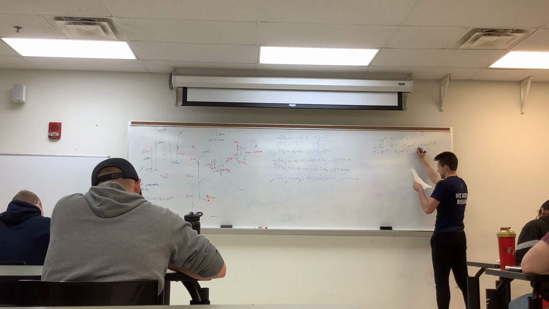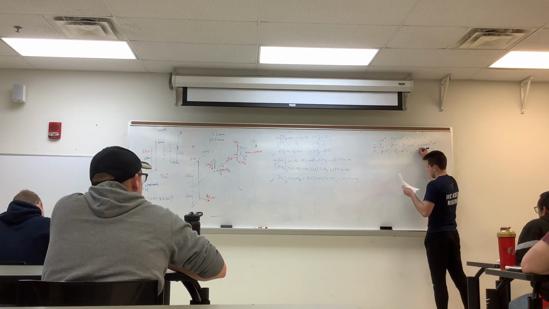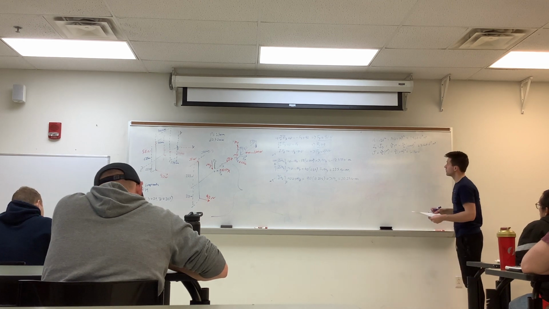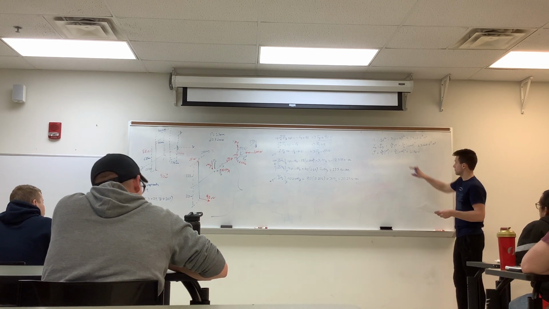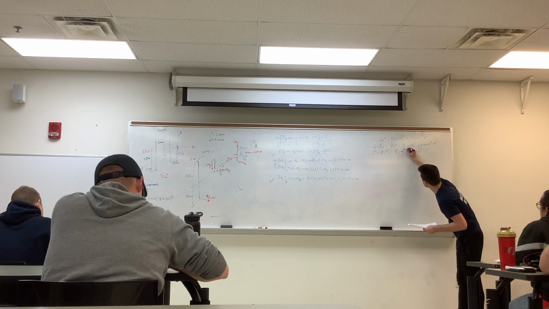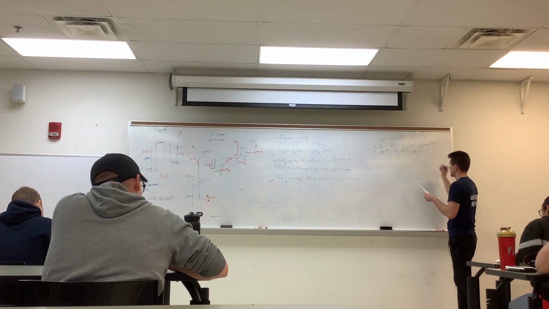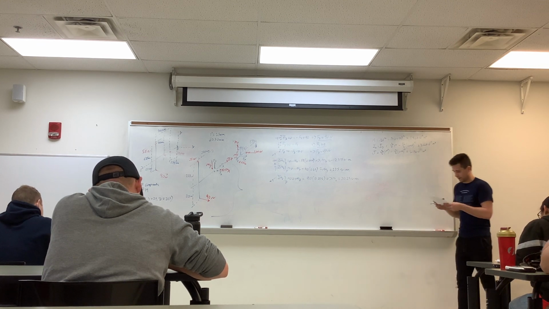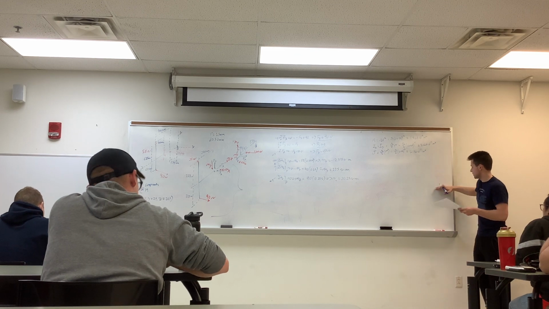We get this to be 6.136 times 10 to the negative 7 meters to the 4th. Is the radius to the 4th or squared? It's to the 4th. So we have all our properties of our cross section.